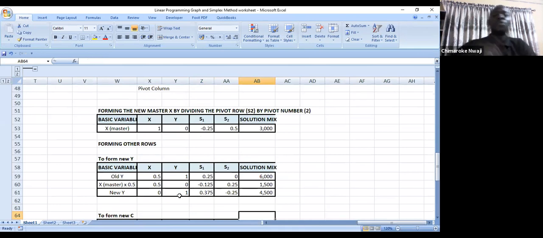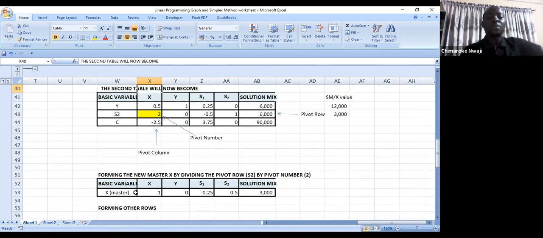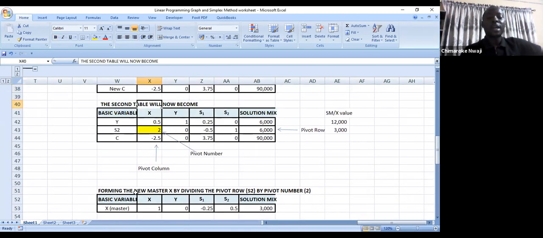Then you formulate new Y. You go to the old Y and you bring the old Y as it is. Then you look at, for you to get this master times 1,000 times 0.5. How did we get 0.5? Look for numbers that are below or above the pivot number. So you see 0.5 was above 2.